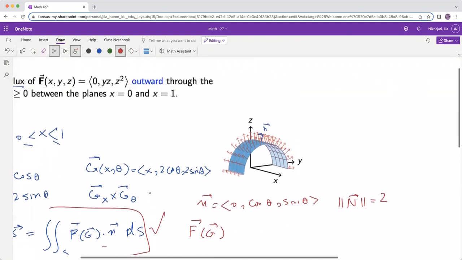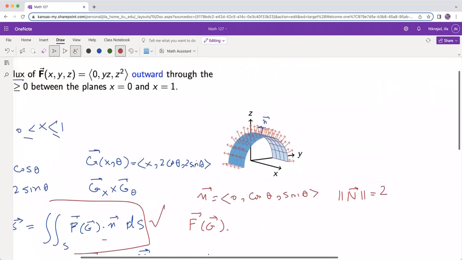And let's go back to the formula. Let's find F of g. For y, I have 2 cosine theta, so (0, 2 cosine theta times z, which is 2 sine theta, and I get 4 cosine theta sine theta, and z squared, I get 4 sine squared theta).